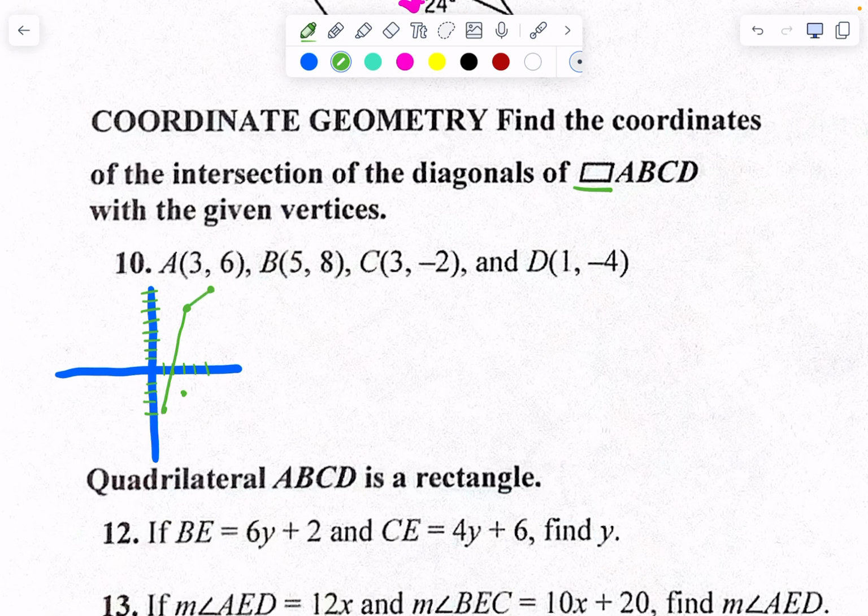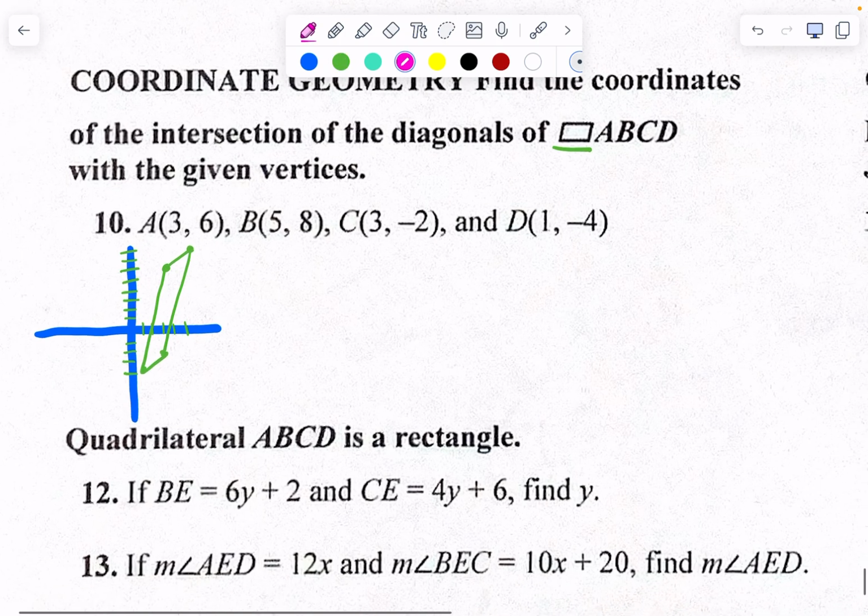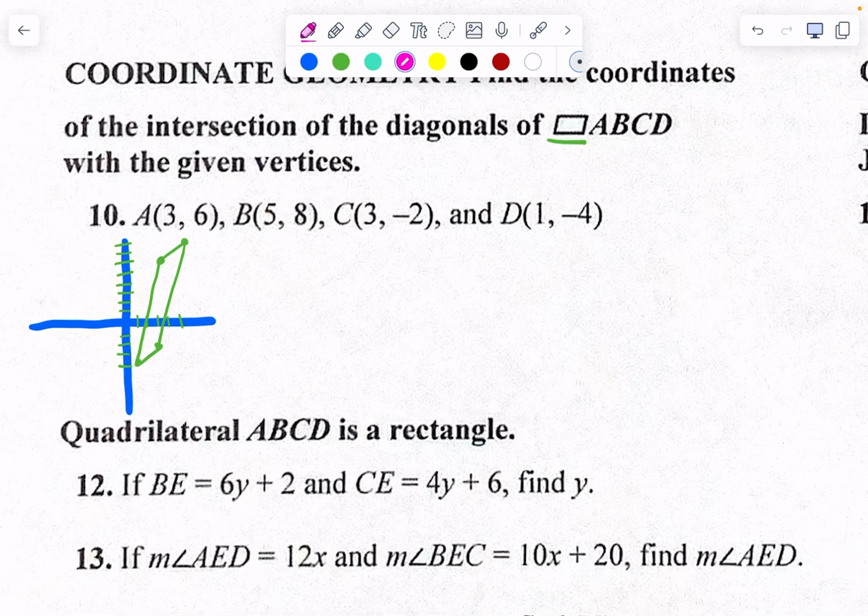Oh, yep. This is a really small parallelogram thing. A very small parallelogram-y thing. Okay. I gotta do A is here, B is here, C is here, D is here. Okay.